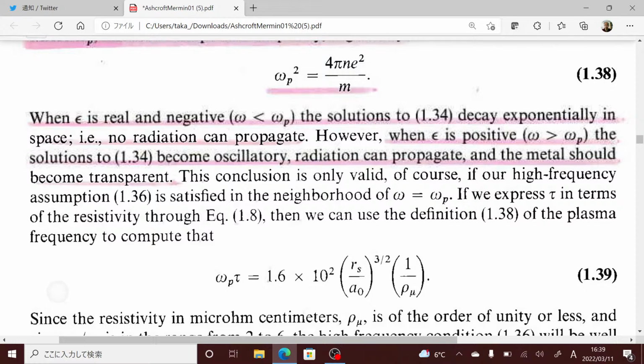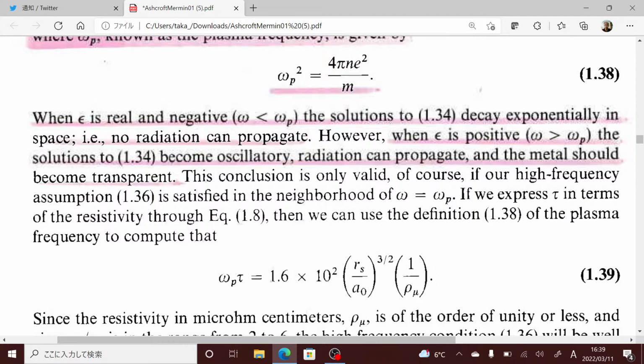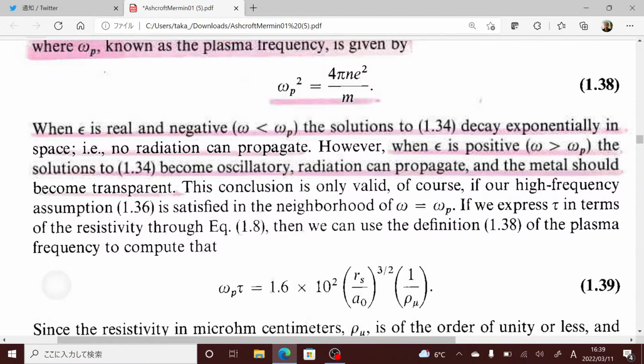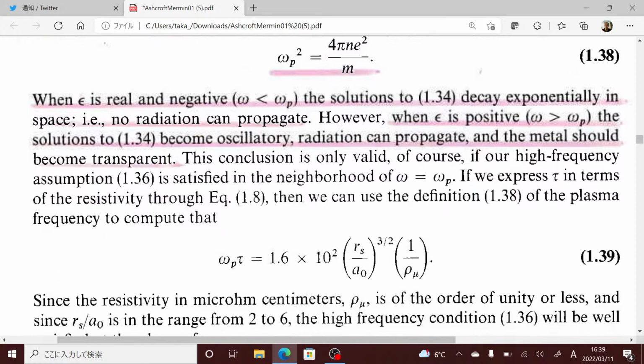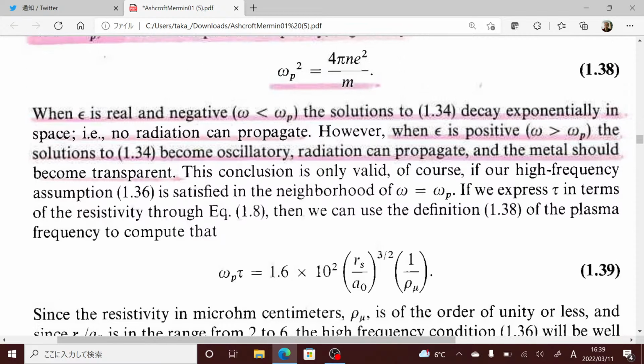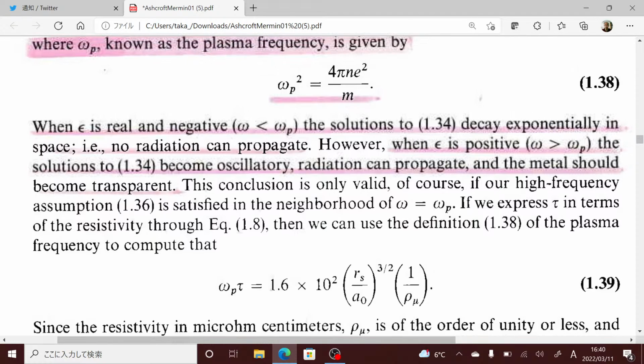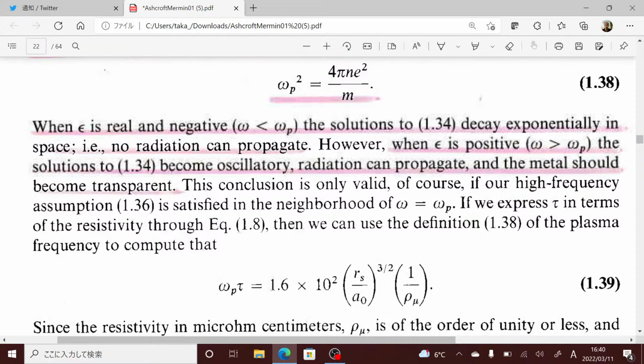If we express tau in terms of the resistivity through equation 1.8, we can use the definition 1.38 of the plasma frequency to compute that omega p tau. I think we should do this way.